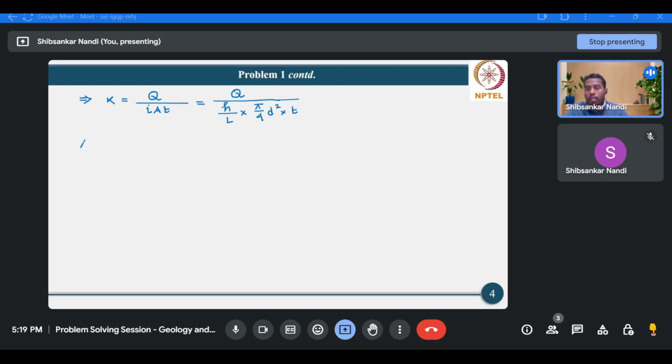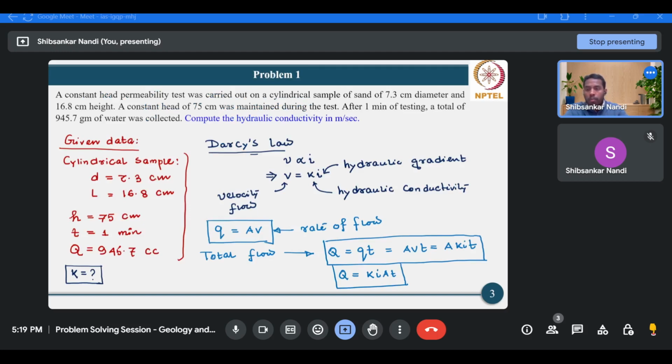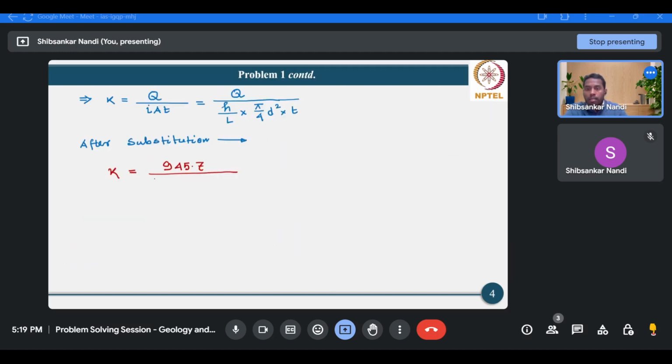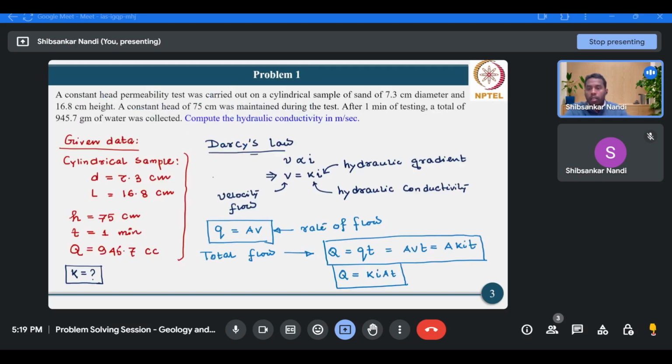So after substitution, it would be 945.7 cc. What about H? H is 75. This is the constant head maintained during the test.